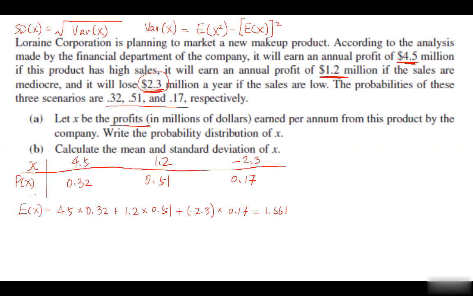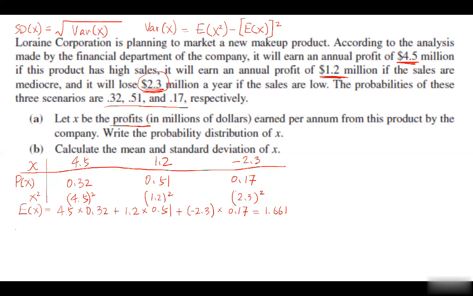So let's add another row denoting all possible values that X squared can be. First of all, when X is 4.5, X squared is 4.5 squared, right? When X is 1.2, X squared is 1.2 squared. And when X is minus 2.3, X squared is 2.3 squared, right?